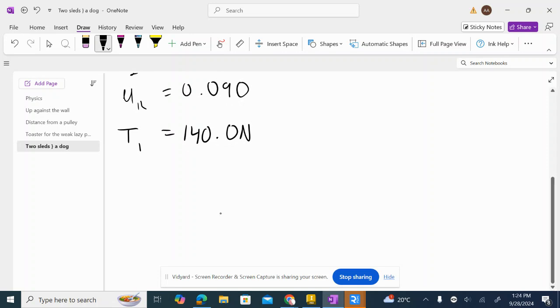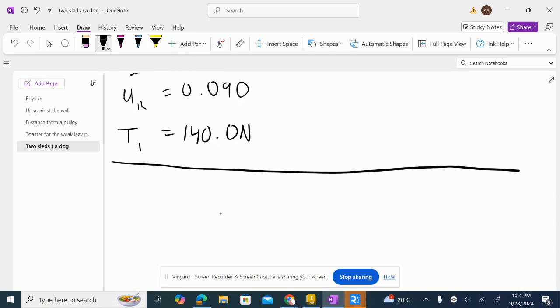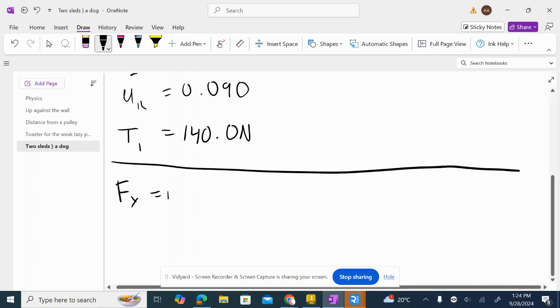So if I make my equation, Fx is equal to M2a, which is equal to T2 minus T1 minus mu k M2g.